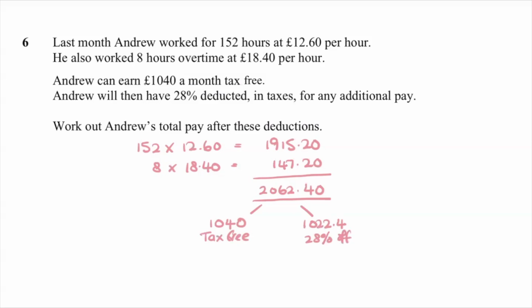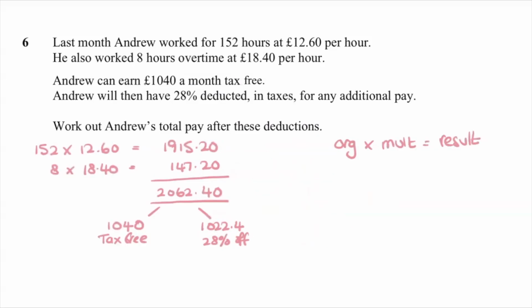Now, it's a decrease. So I am going to use the original times the multiplier equals result. So the original is multiplied. Now, this is where people may make a mistake because they put a percentage here. That is not saying percentage, so we mustn't put a percentage there. We must put a multiplier there.